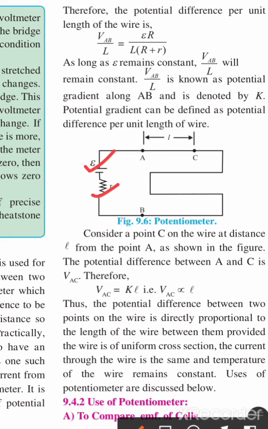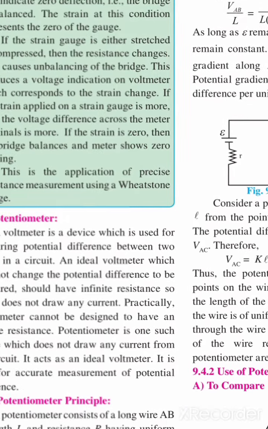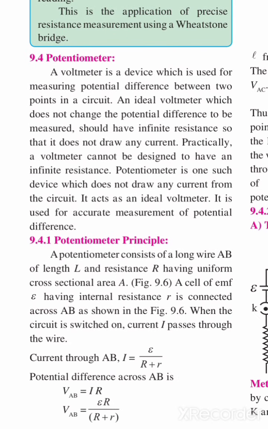That is the construction of the potentiometer instrument, in which a long wire of length L with resistance R and uniform cross-sectional area A is connected along with a cell of EMF E with internal resistance r, as shown in figure 9.6.